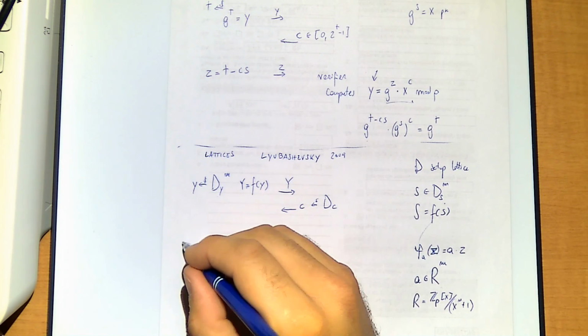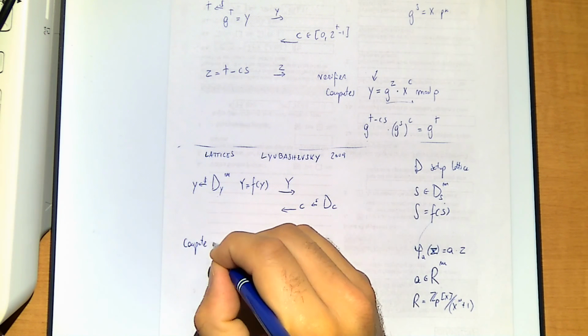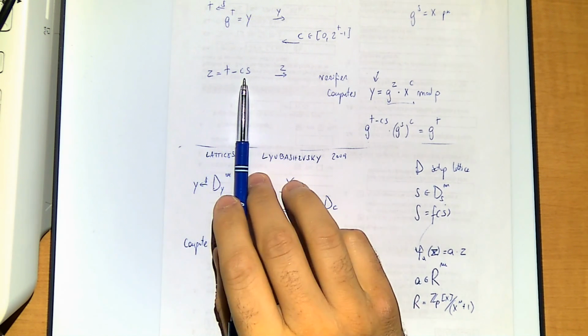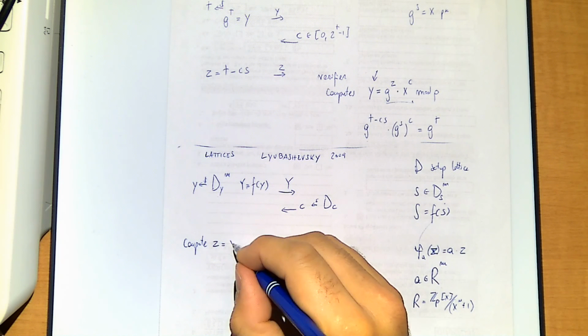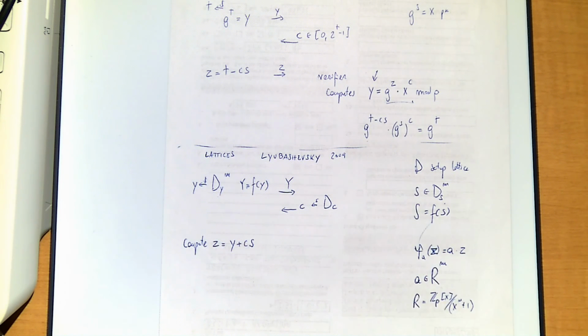And then when you compute the response, it's like that one, right? It's going to be y plus cs. So you're taking your secret vector, which has very low coefficients, you scale it up a bit, and then you cover it with y, which has bigger coefficients. And in the end, you want this z to be still kind of small, because if it's too big, then it's easy to forge.